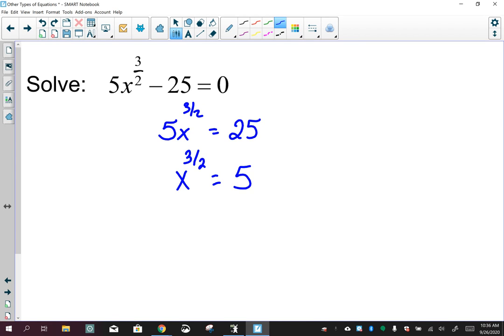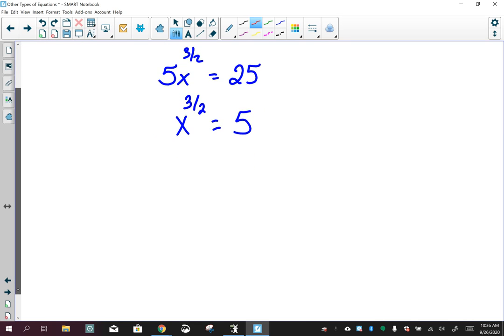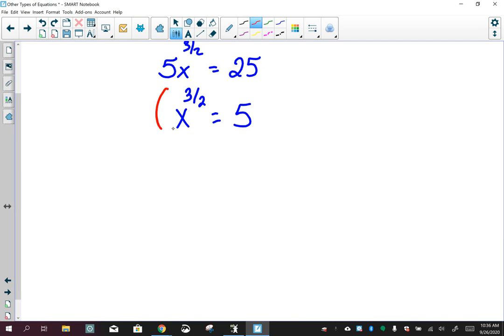And so now from here, you decide on what you want to do. I'm going to approach this two different ways. It's going to be your choice, and I'm going to show you both ways. We're going to start off in red, and in the red, we're going to start by squaring both sides. I'm going to get rid of the denominator first. And when I do that, I wind up with x cubed is equal to 25.